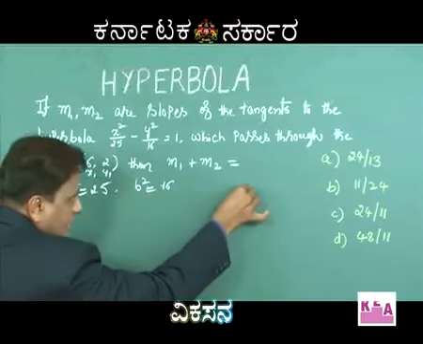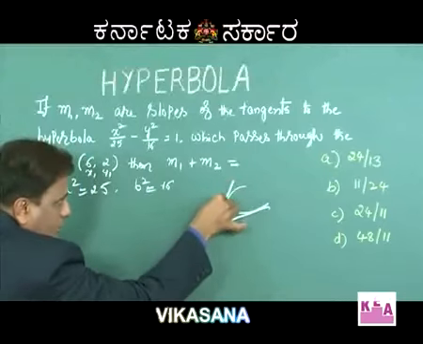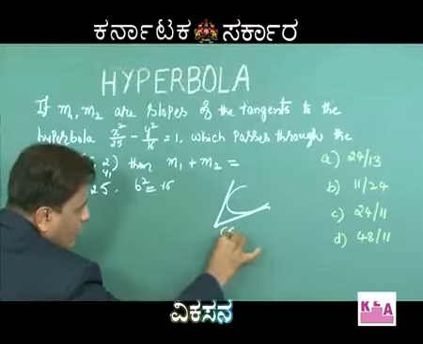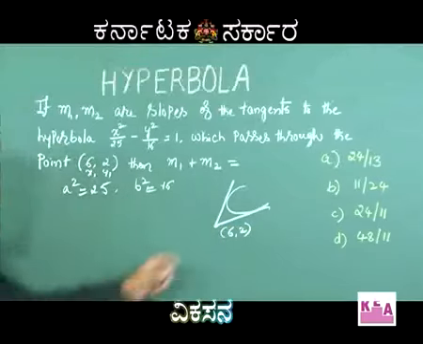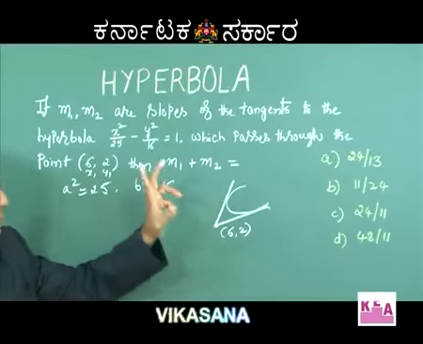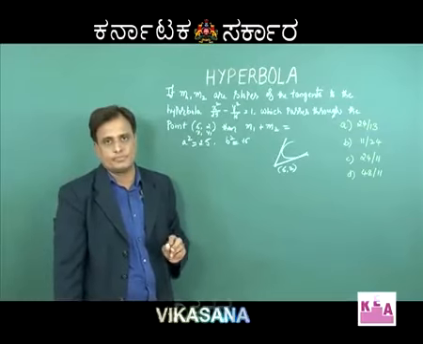The question is asking: say these are the two tangents passing through the point (6, 2). Assuming the slope of the first tangent is m1 and the slope of the second tangent is m2, we have to find out m1 plus m2.